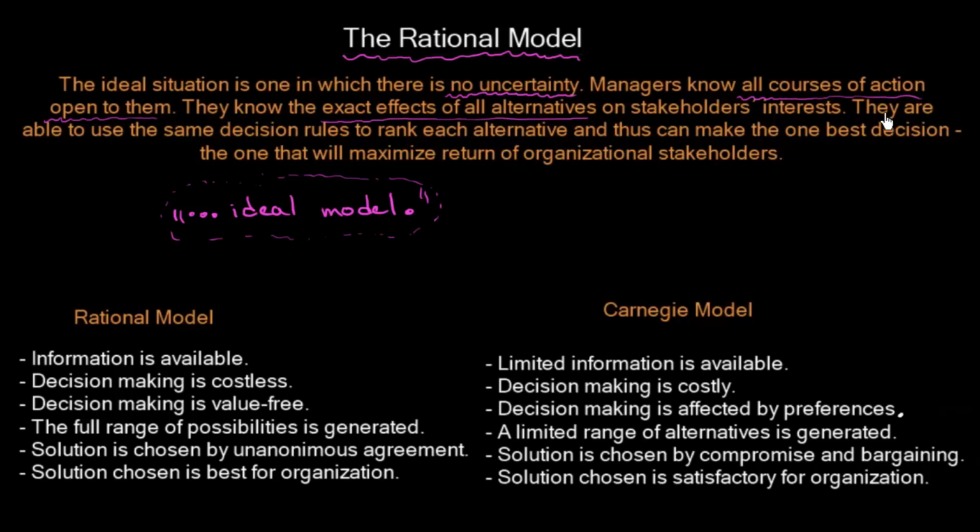Then they are able to use the same decision rules to rank each alternative, and thus can make the one best decision, the one that will maximize return of organizational stakeholders. So again, you would like to satisfy your employees with a great lunch. We concluded that there are billions of recipes all around the world.